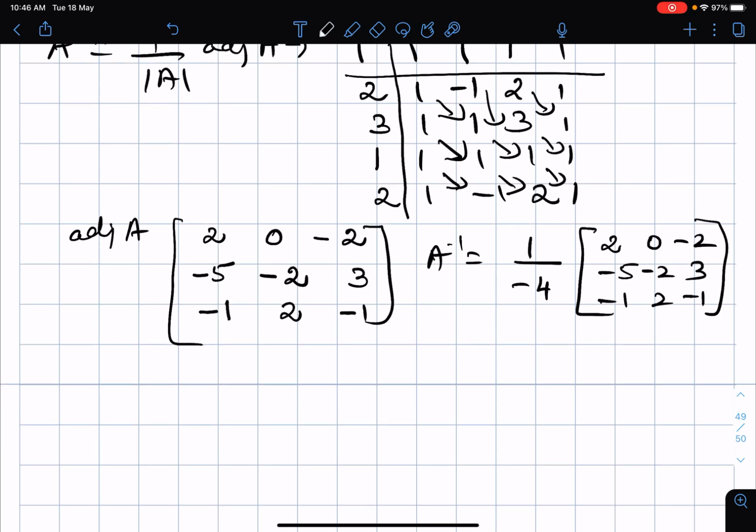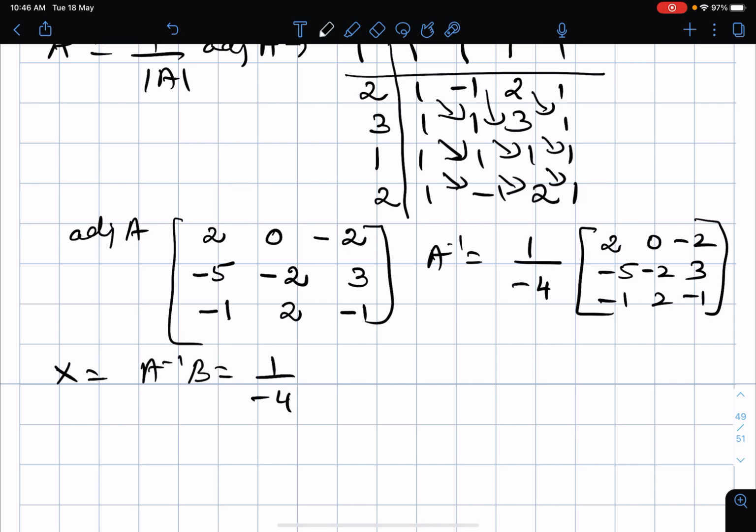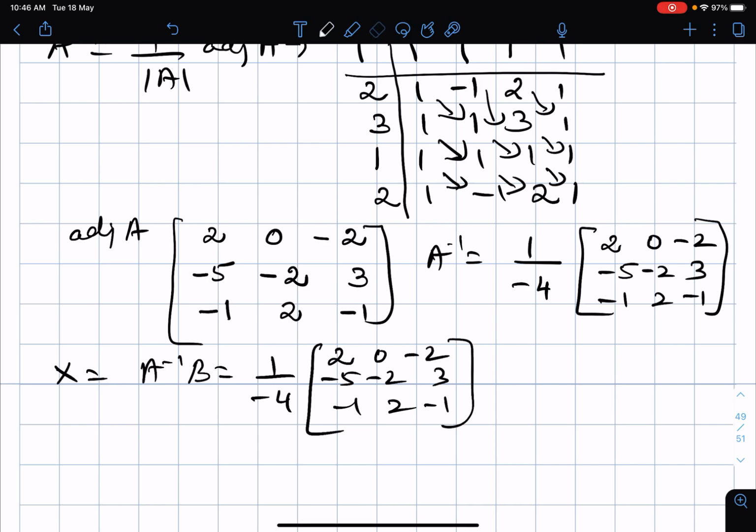Now you are going to go into X. What is X? A inverse into B, 1 by minus 4 into our adjoint 2, 0, minus 2, minus 5, minus 2, 3, minus 1, 2, minus 1, and our B is going to be 20, 23 and 46. That is our right hand side constants, isn't it?